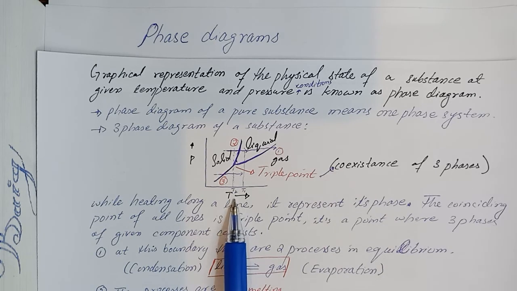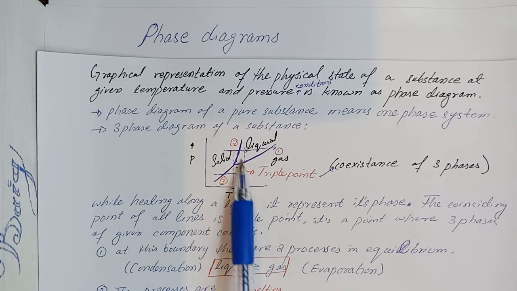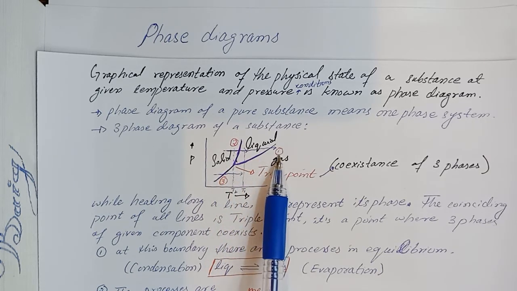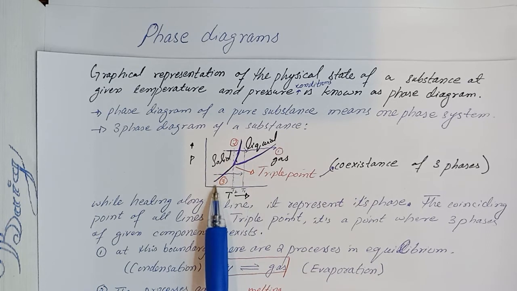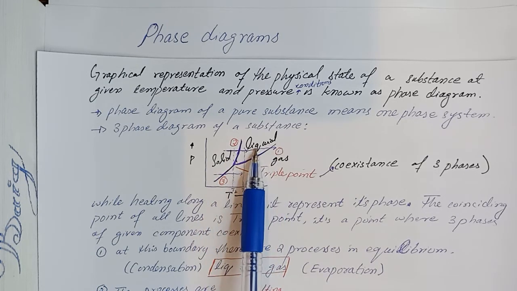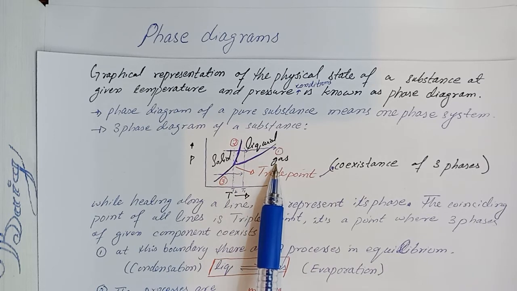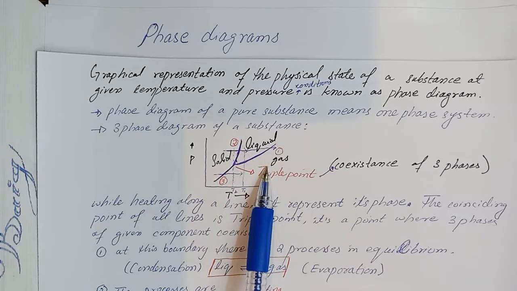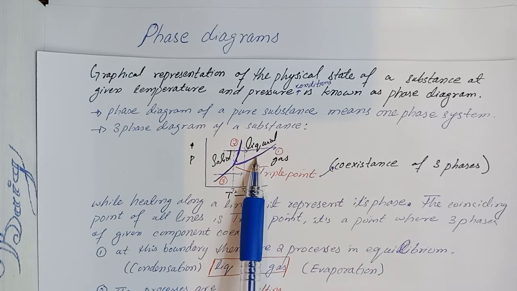A typical phase diagram of a substance has three types of phase boundaries, which are represented as phase boundary number 1, 2 and 3. So let's discuss phase boundary number 1, that is in between the liquid and gas. Crossing this boundary leads to two processes.